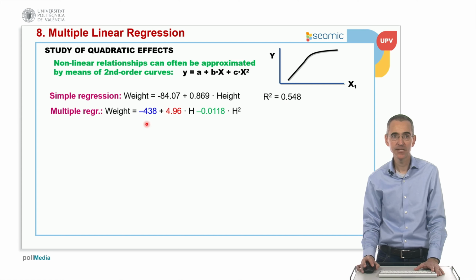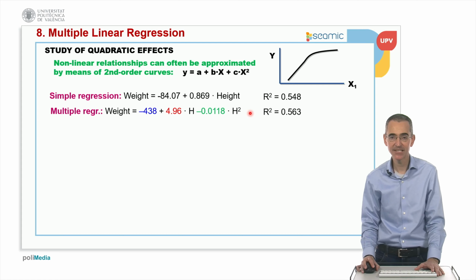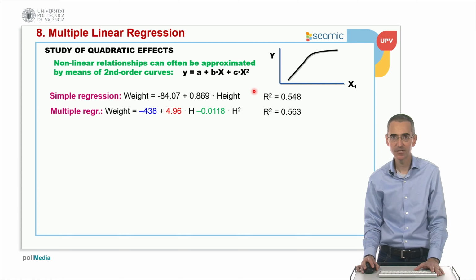But if we apply multiple regression, we find that these are the estimations of the regression coefficients. We have a small coefficient that multiplies height squared. The goodness of fit in this case is 0.56, so it is slightly higher. So we can see that the quadratic model explains or fits the data slightly better than the linear model.